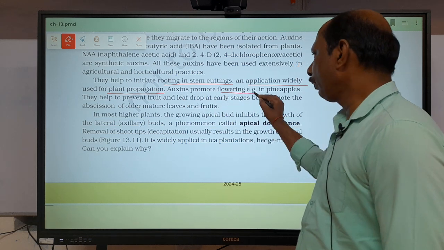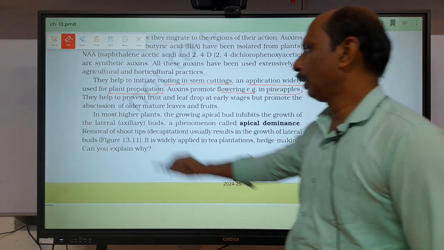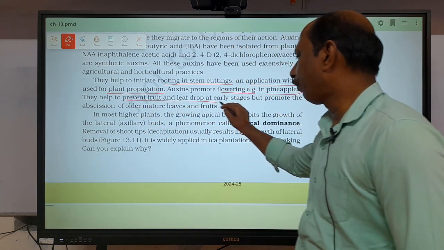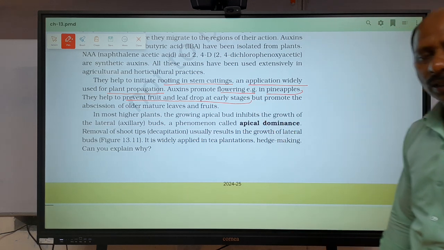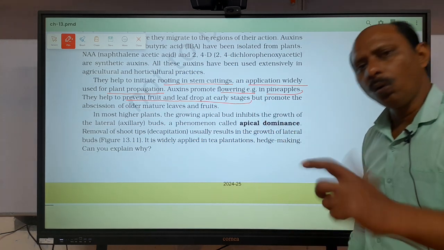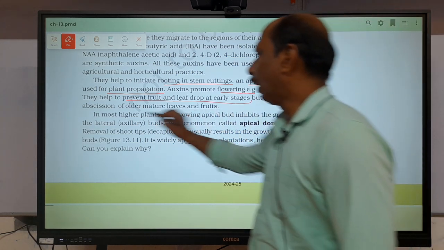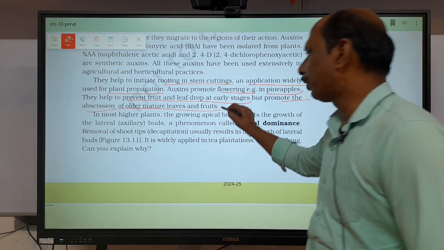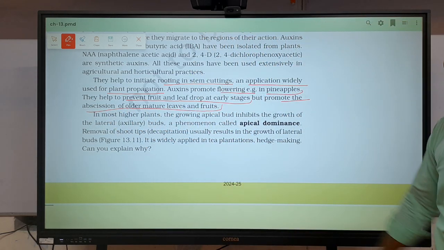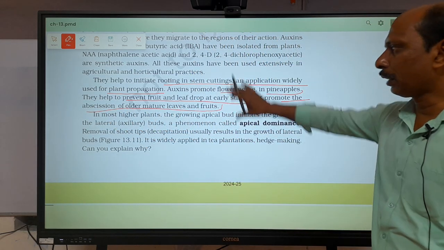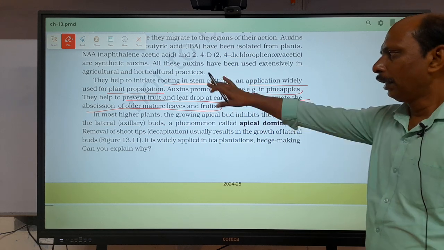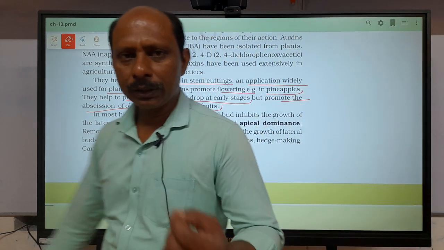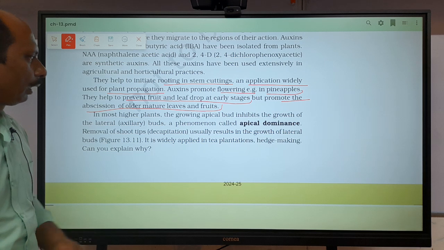Auxin promotes flowering in pineapples and helps to prevent fruit and leaf drop at an early stage. But if the leaf and fruit are old, then it promotes abscission of the older mature leaves and fruits. You understand what the functions are here? In vegetative propagation, auxin induces roots, right?